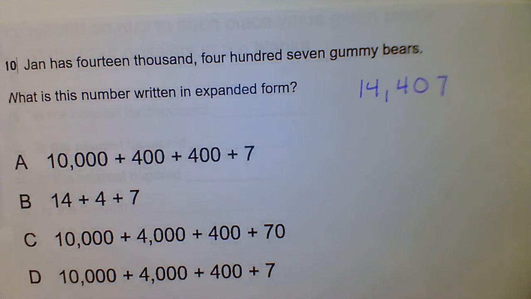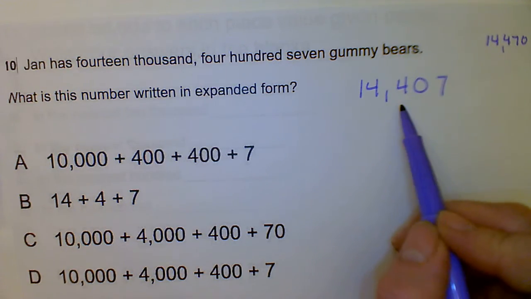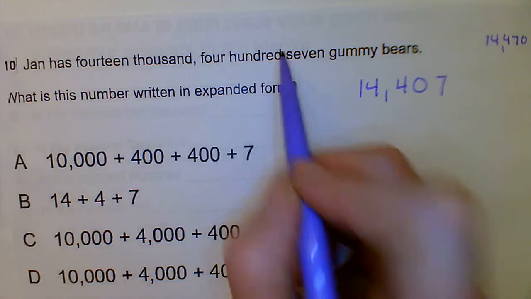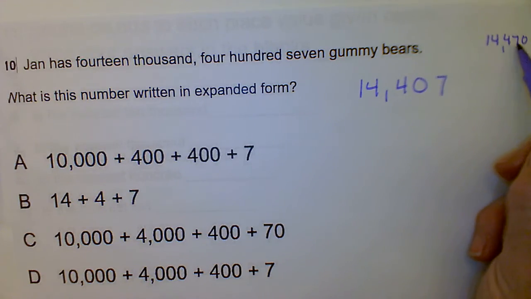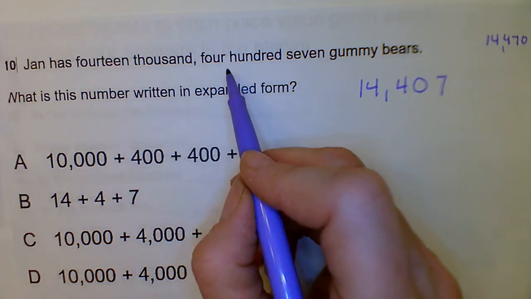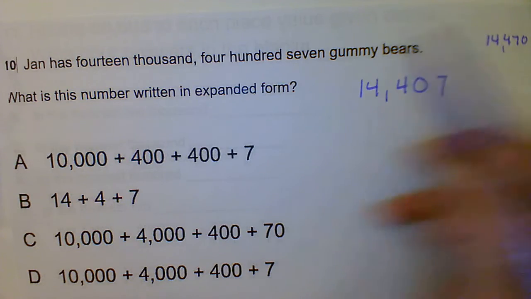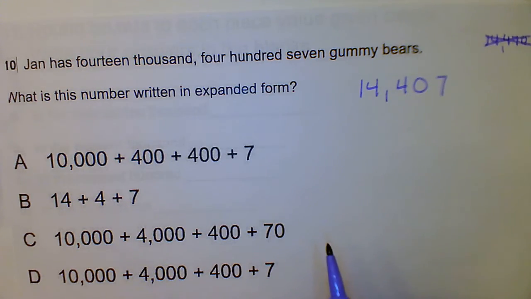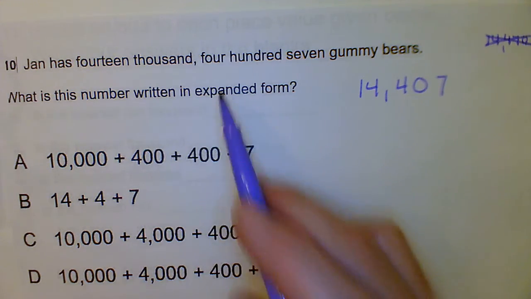Now let me say this. The incorrect answer that I often see is this. And what I always recommend to you is that you read your answer and then compare it to what's written. If I saw this, I'd say 14,470, but it should be 14,407. Uh-oh, I'd realize that was wrong and that this is the correct answer, 14,407. Okay, so now we have to write it in expanded form.